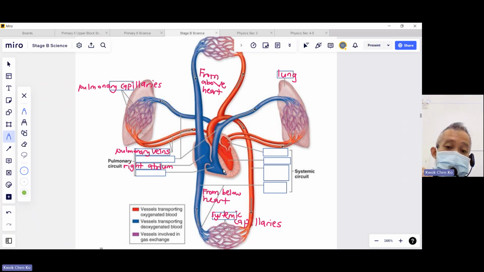Of course, you can recognize. How about this one? What is it? Right ventricle. But ventricle is always the lower portion of the heart. Atrium is always the upper portion.